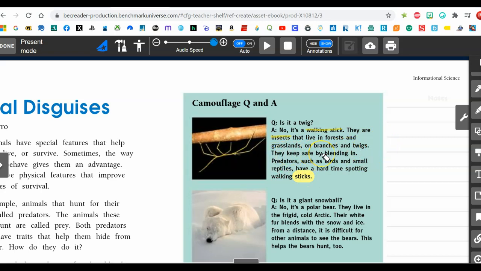They keep safe. And how do they keep safe? Yes, they keep safe by blending in. You can underline that. So is the walking stick a predator or a prey? It's a prey. So what I would do is I would write the word prey right here.